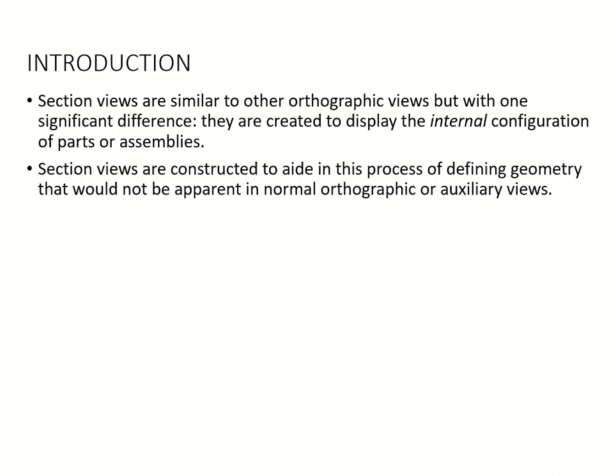So we use those types of drawings to be able to see inside of your object or model, because we can't really use a regular orthographic or auxiliary view to see the internal features, internal parts or internal configurations of the parts.